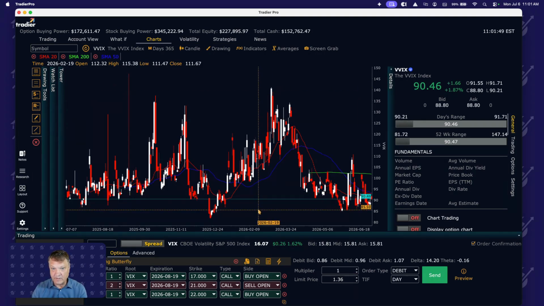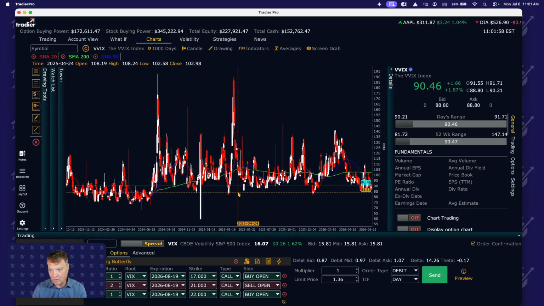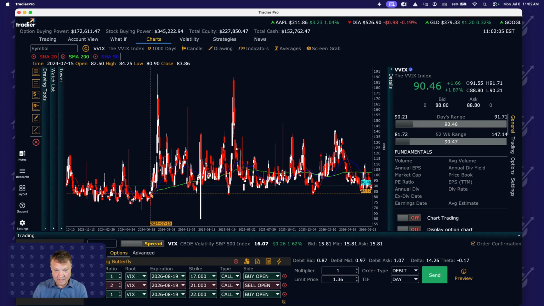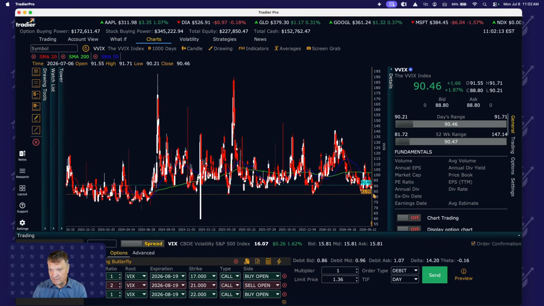And we very rarely get below that 86 level. So let's go out even 1,000 days, which is forever in the VIX. But if you go all the way back to July of 2024, before you see any sustained moves below 85 in the VIX.